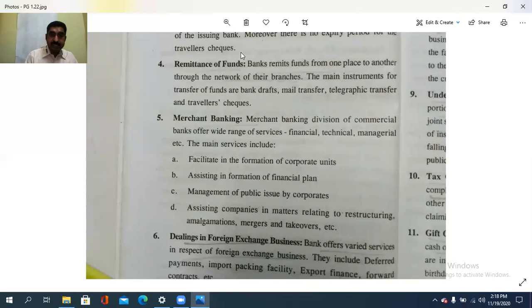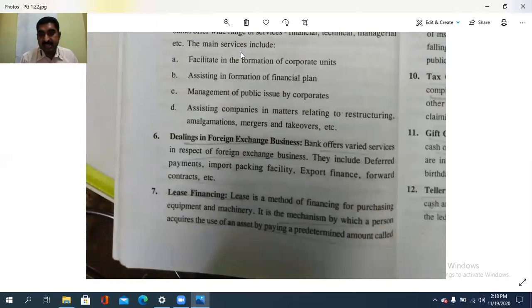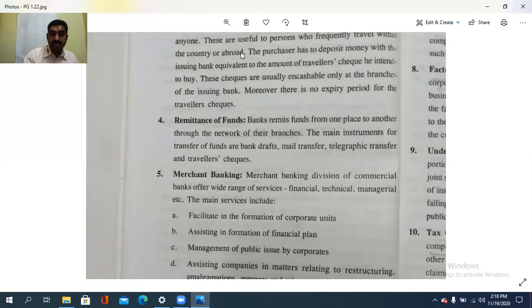Then assisting in the formation of a financial plan and management of the public issue by the corporates, by the companies, and also assisting the companies in matters relating to restructuring, amalgamation, mergers and takeovers, etc. So these are the merchant banking functions.